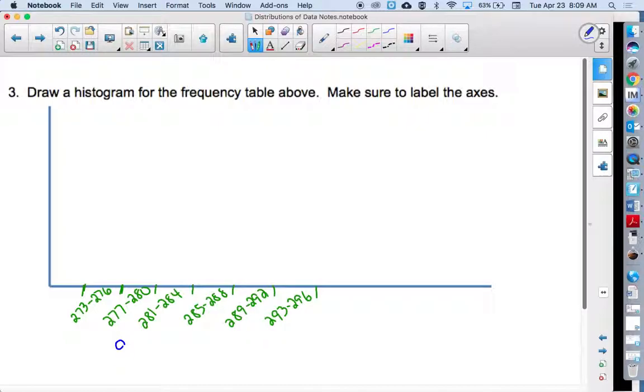and these represent golf scores. The y-axis would be the frequency. So if you look at the highest frequency, the second one went up to 5, so we need to make sure that we count up to 5.